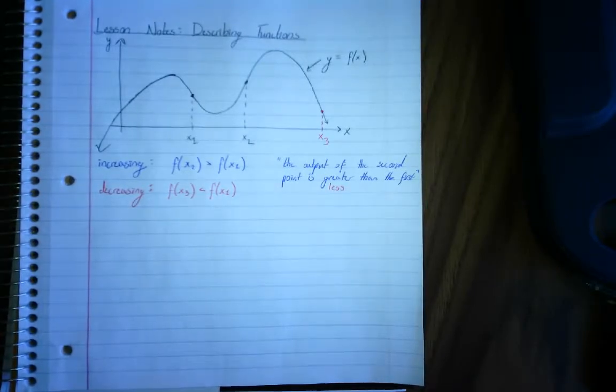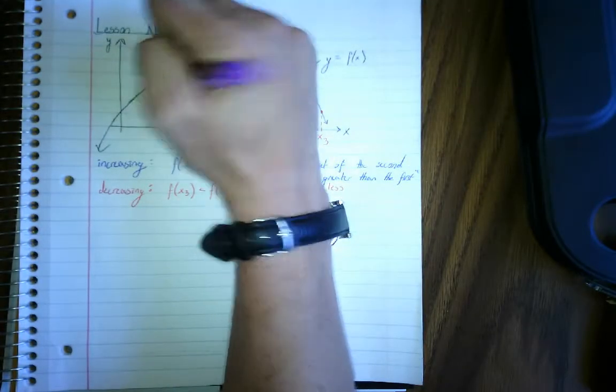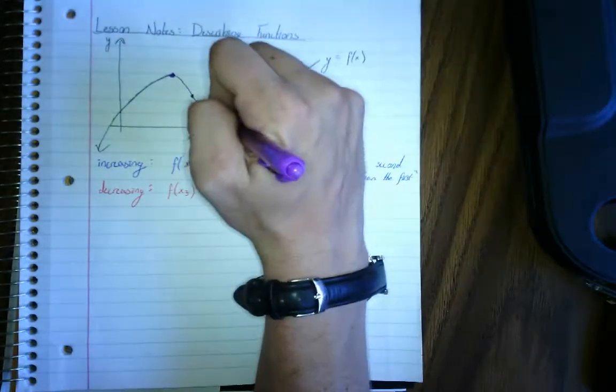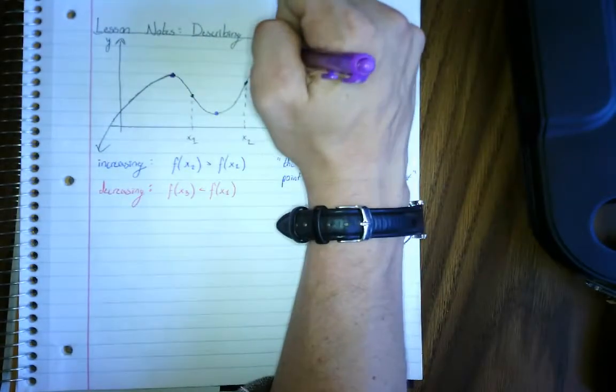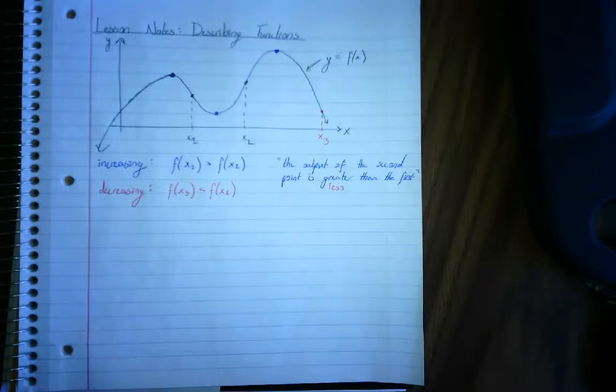Here are some other important vocab terms. So we have one point right here, one point right here, and one point right here. So we should first look at just the local maxima or minima.